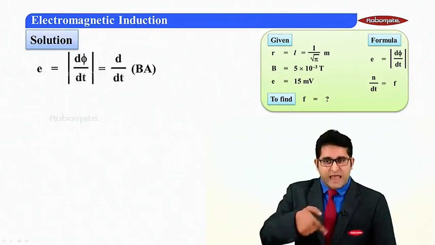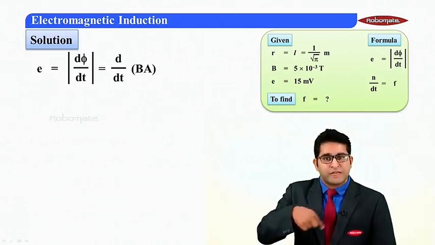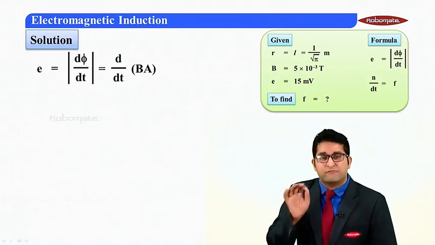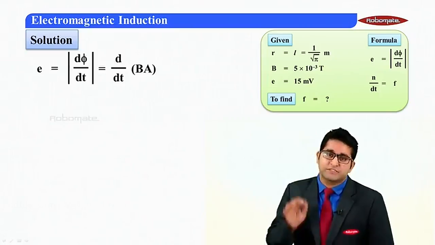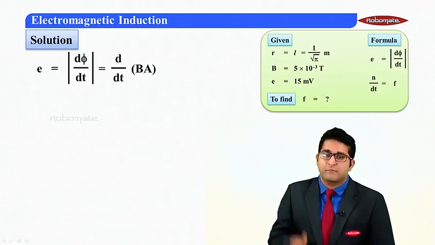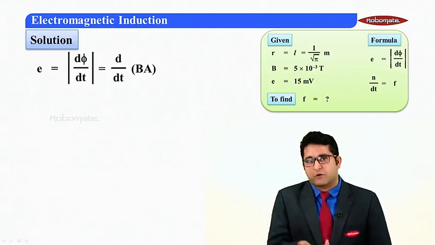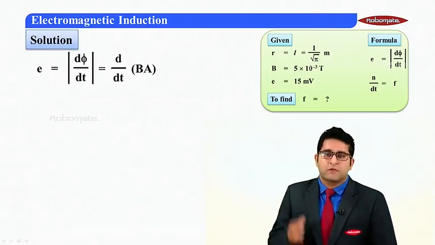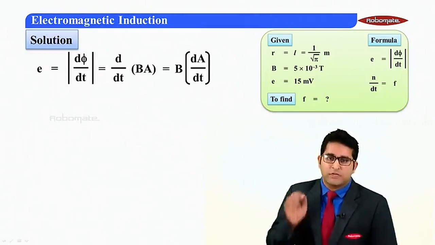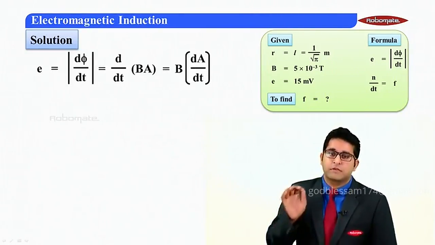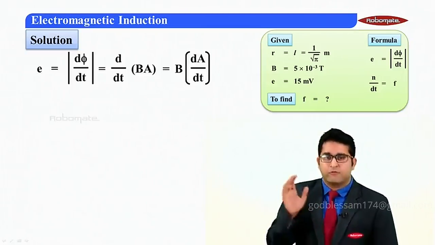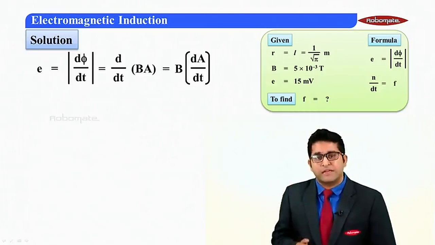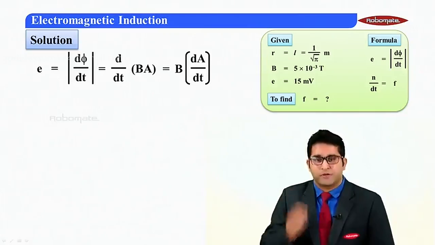And in this case, as the rod is rotating, it is sweeping some area. That means the value of area swept is changing. So I can say A is variable where B is constant. So we can take out B outside. So what we'll get is d dt of B into dA by dt, where B is constant and dA by dt represents area swept per unit time.